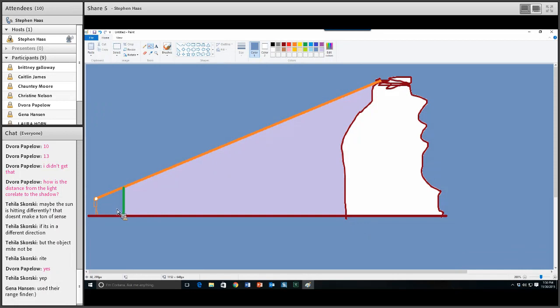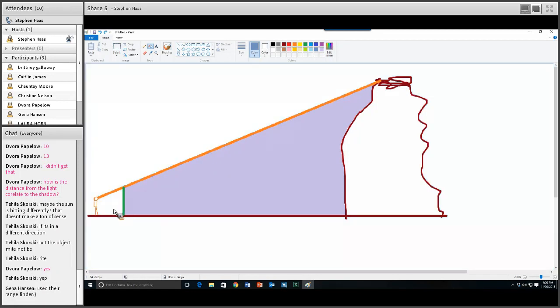For some reason it's not letting me color in this area, but just trust me. The angle between the person's sight and the ground is the same, and obviously this is a right angle and this is a right angle, so these two triangles are similar.